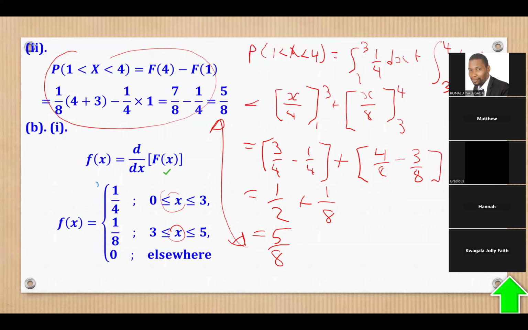If they're giving you capital Fx, you don't need to convert to small fx. Just know that for capital Fx, I simply substitute. When you know those two differences, you can easily work with them. Capital Fx, simply substitute. Small fx, integrate.